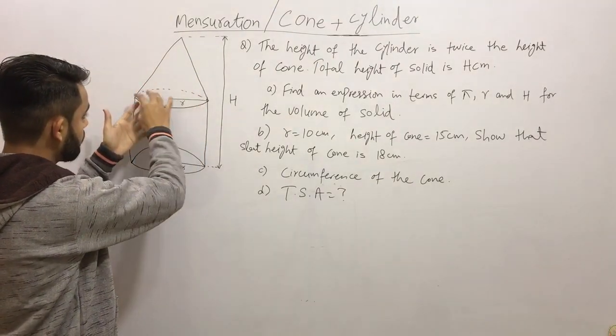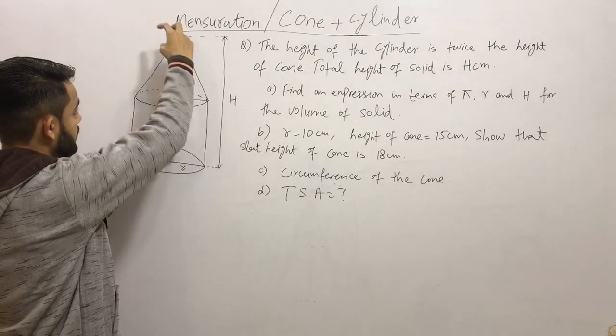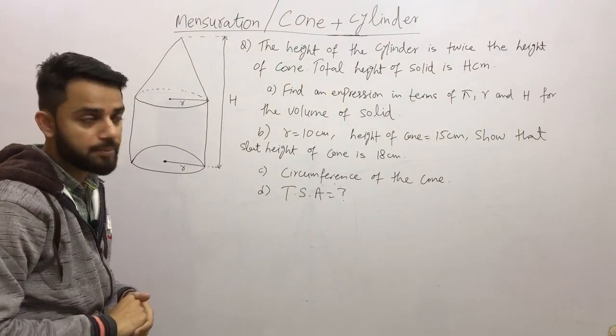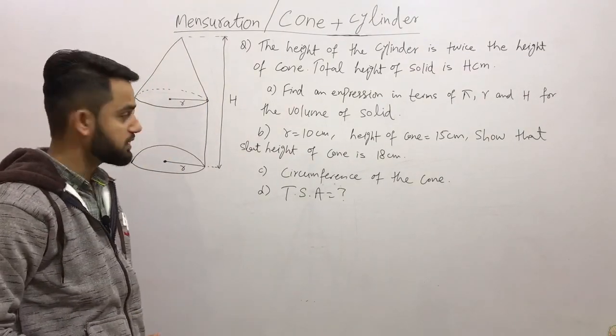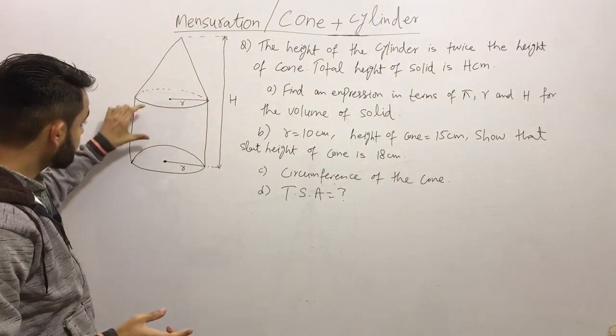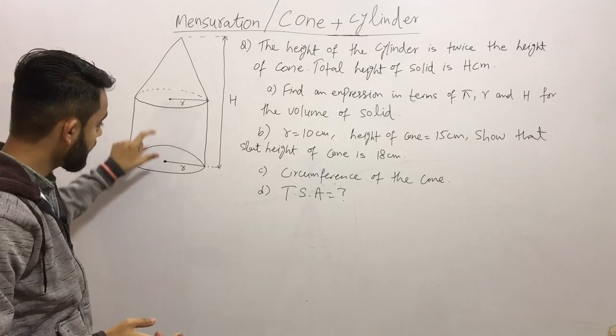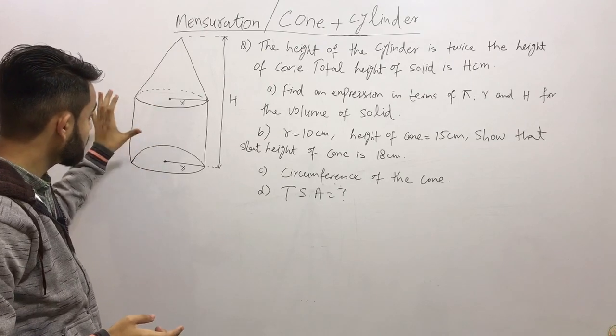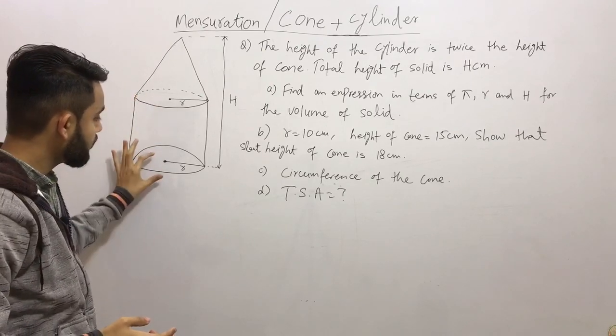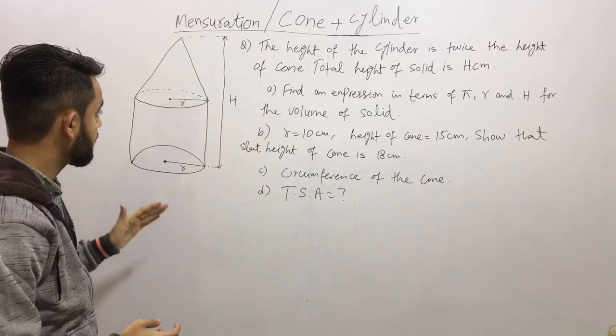The top circular base is open and merged with the cone, and then we have the curved surface of the cone. The base radius for the cone and the cylinder is r centimeter.